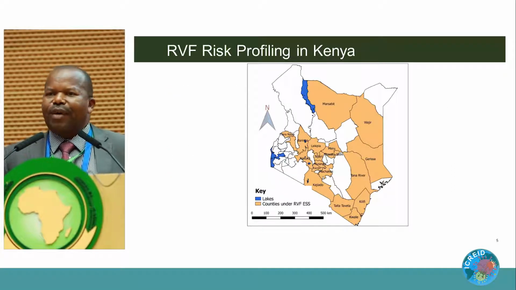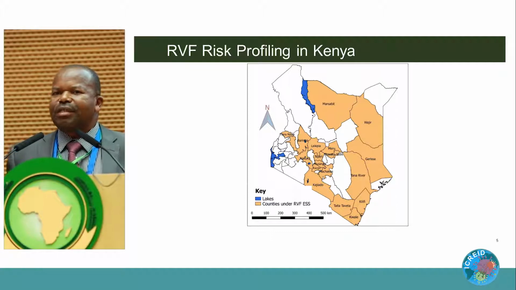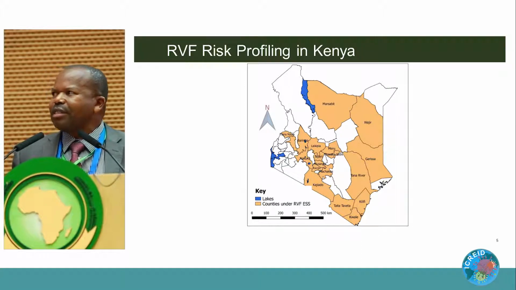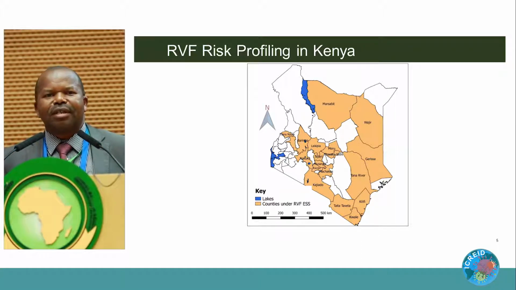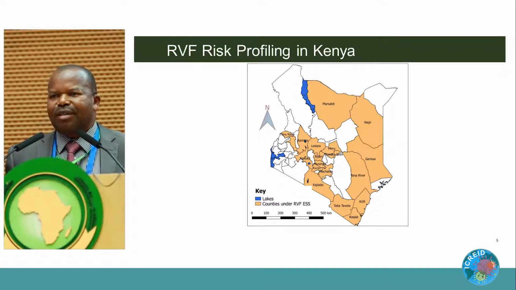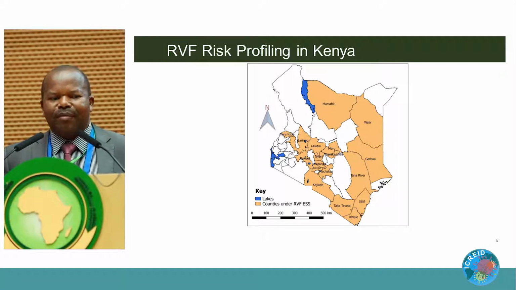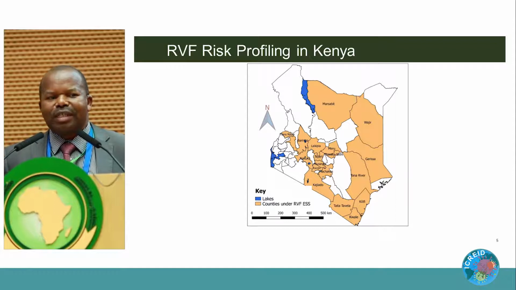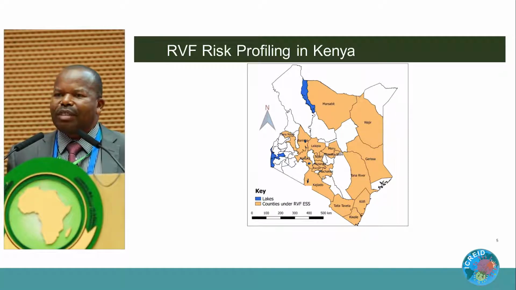It's important for any entity dealing with infectious disease to understand thoroughly, and I've seen this in the previous presenters, that you have to know your epidemiology well. You have to be able to map the various areas that you're dealing with in terms of the risk profile for each of them.